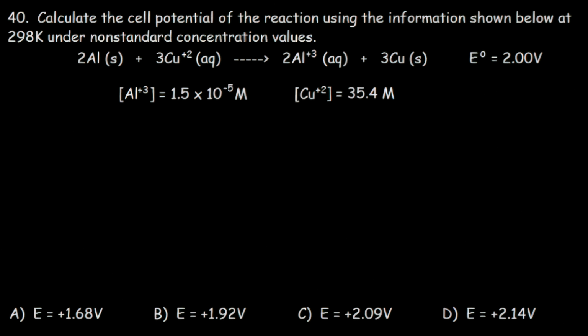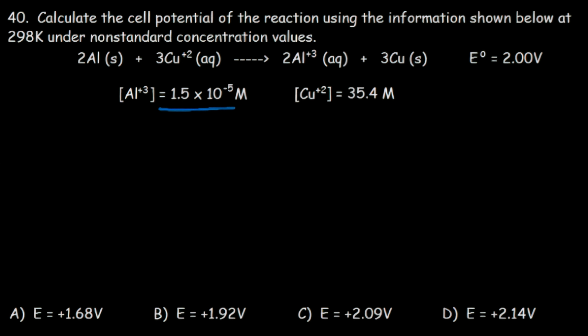Now, notice that the concentration of the product ion was decreased. The standard value is 1, but it was decreased to 1.5 times 10 to the minus 5. Now, whenever the reaction shifts to the right, the cell potential will increase. And whenever it shifts to the left, the cell potential will decrease.